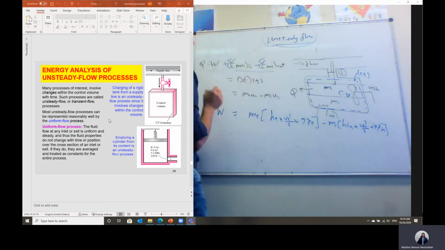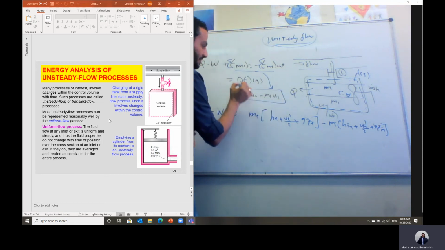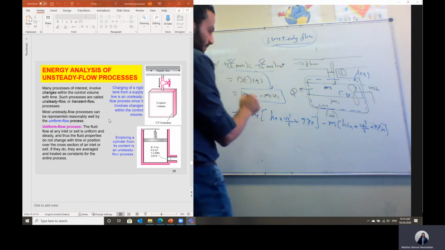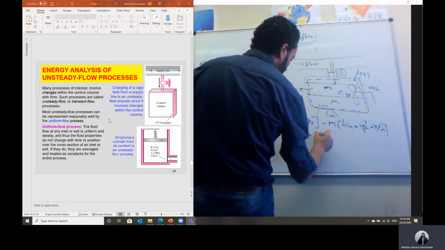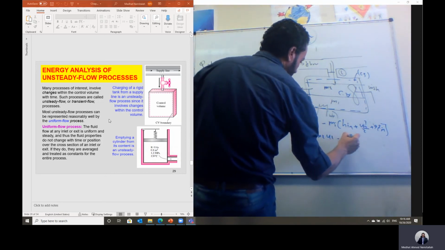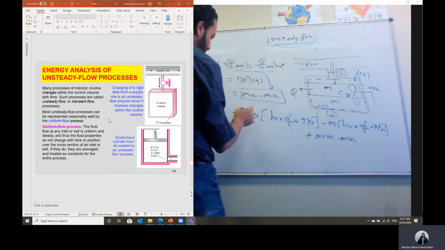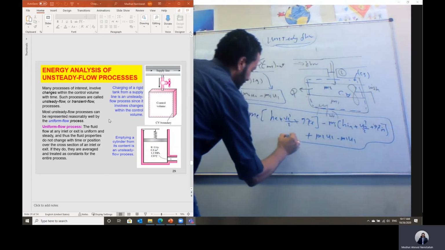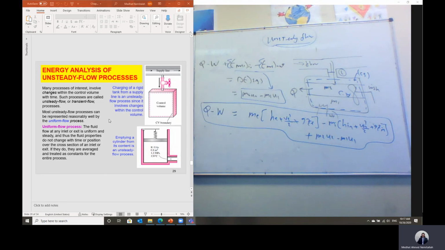We just took those terms to the other side, okay? But don't forget on the other side, the change of energy of the system, we have this term. Please don't forget this term, M2U2 minus M1U1. And this is actually the form of the energy equation in case where we have unsteady flow.